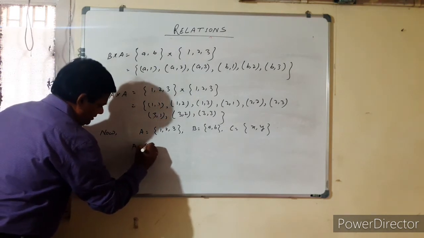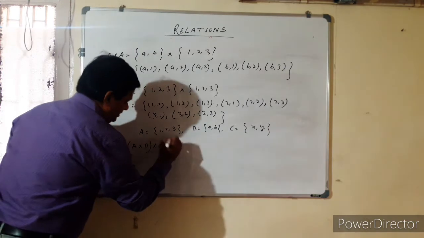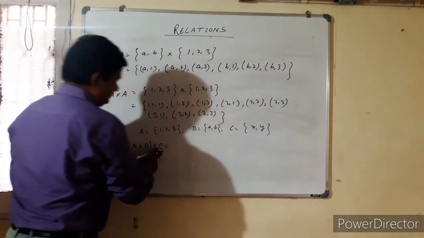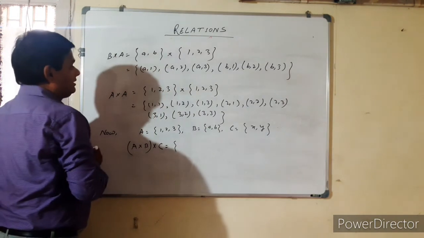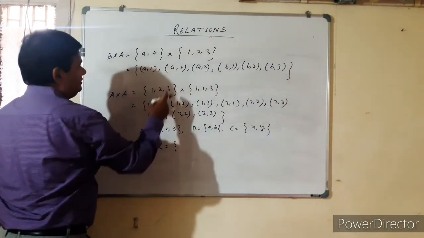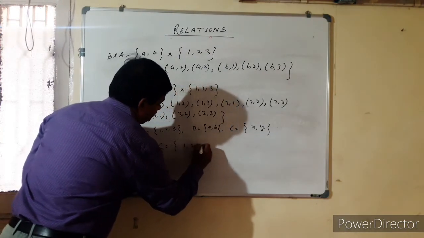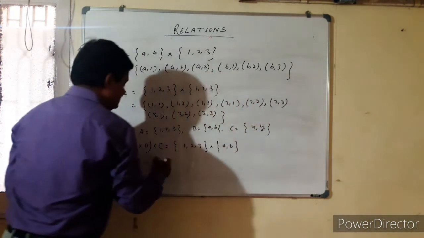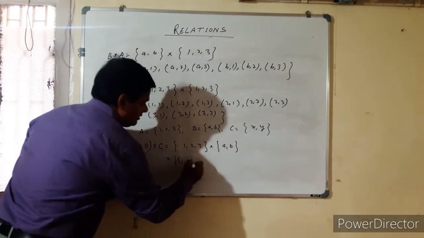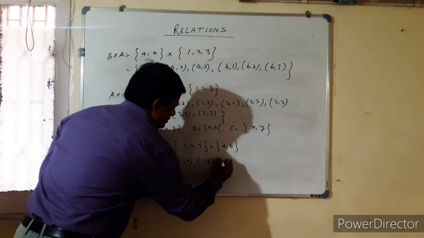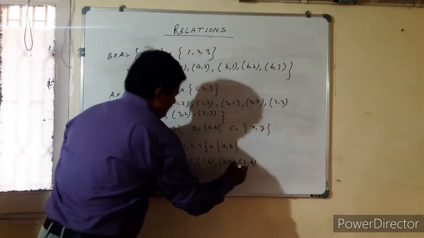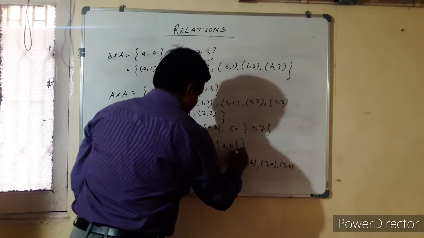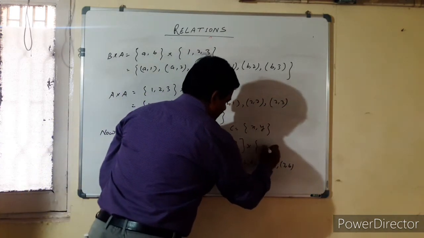Suppose you have to find A cross B cross C. See here, first you have to find A cross B, then after that cross C. Set A is {1, 2, 3} and set B is {a, b}. So this becomes (1, a), (1, b), (2, a), (2, b), (3, a), (3, b), and here cross C, which is {x, y}.